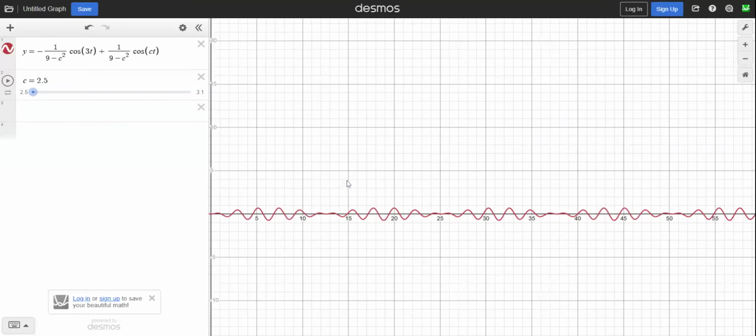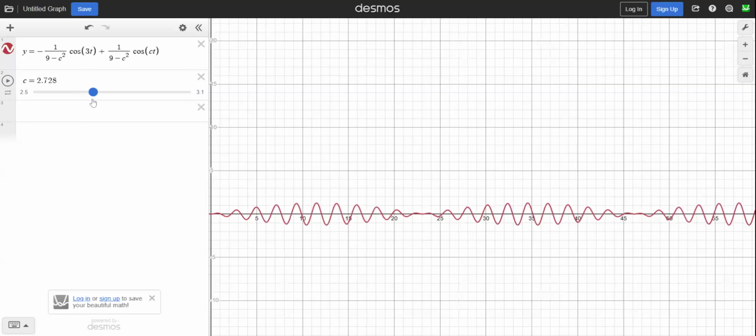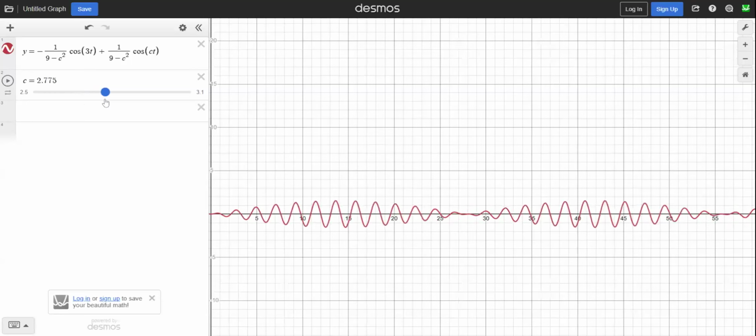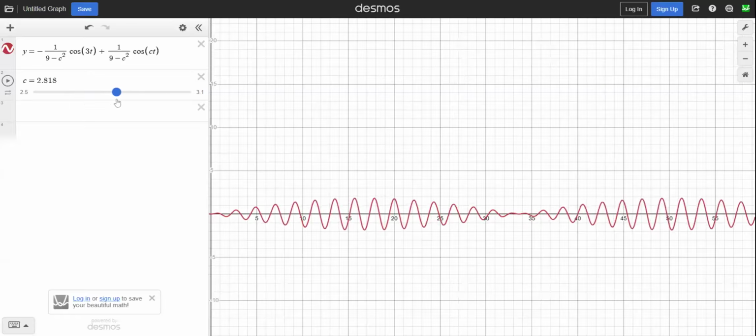Now let's look over at this part here, over at 0. But interesting here, if I change this, look what happens. If you get closer, not much going on, just kind of wiggly, right? But if you get closer and closer to 3, look what happens here to the spring. You start getting these kind of beats in it.